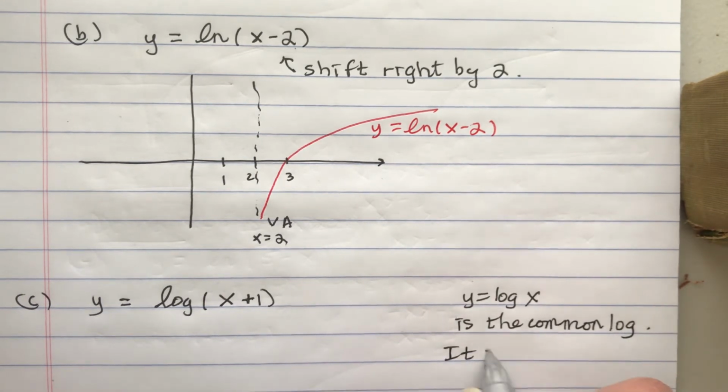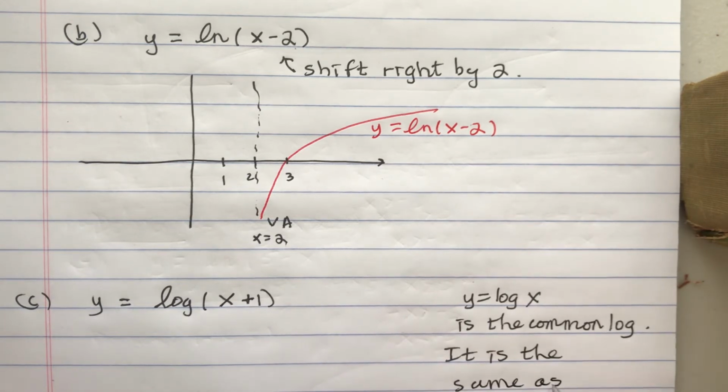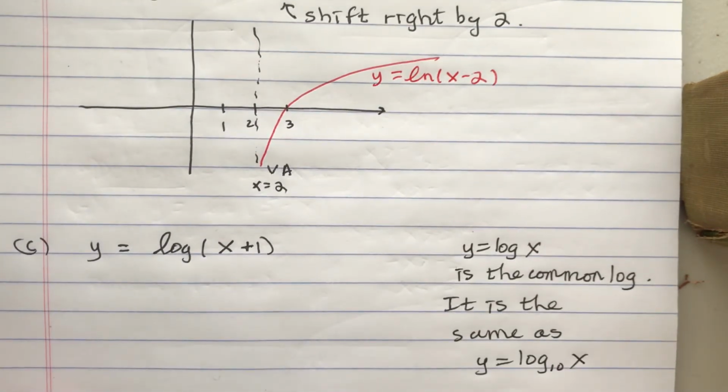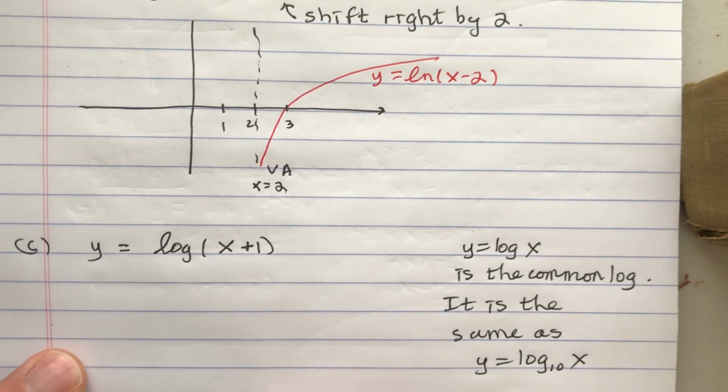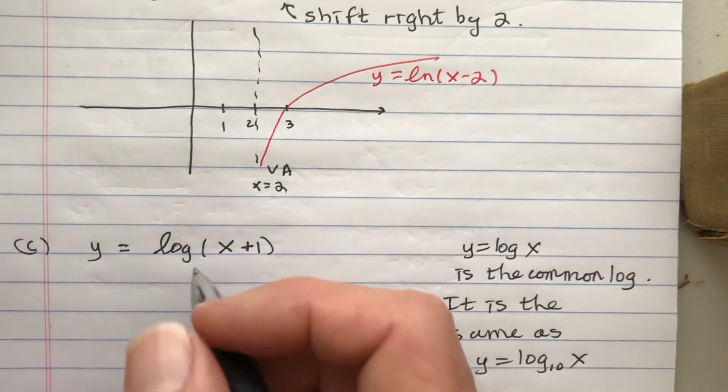It is the same as y equals log base 10 of x. They're the same. It occurs to me I should have written down y equals ln x is the natural log. I said it, but I didn't write it down.